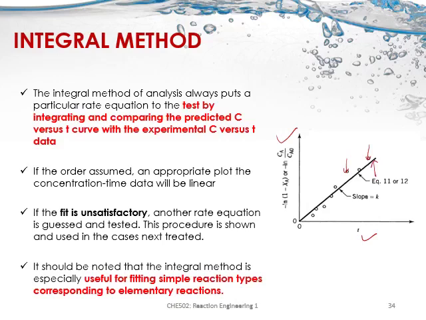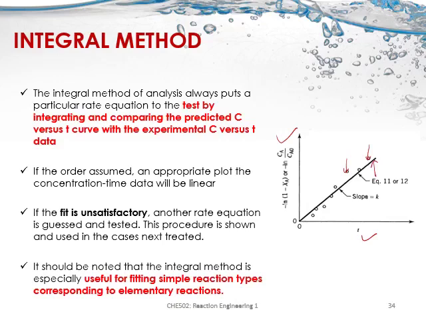This procedure is shown and used in the cases treated next, meaning that we are going to assume an order first. Okay, let's assume it is zero order. You do the integration of the zero order equation, you get an equation, then you fit the data to this model. Let's look at the R square, the linear regression coefficient. Does it fit?